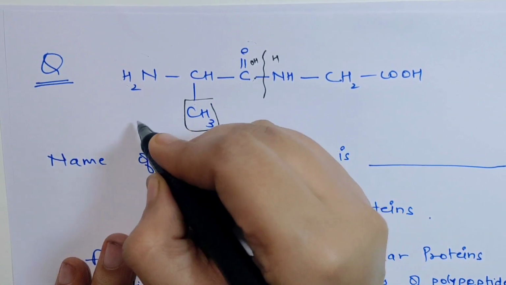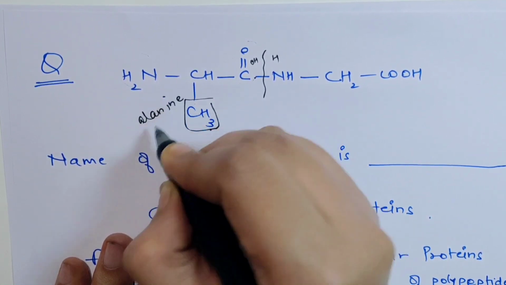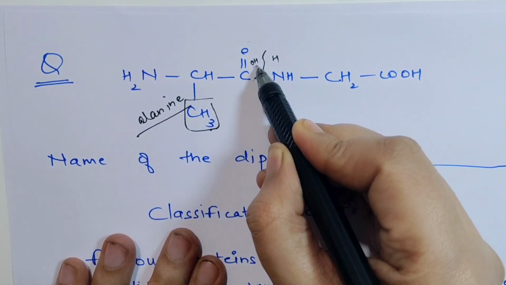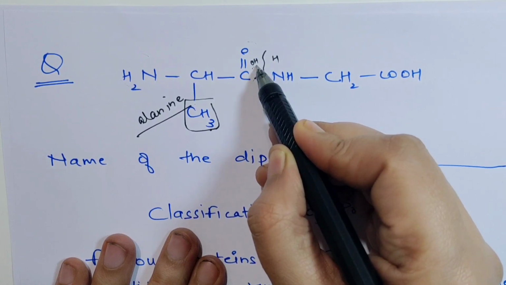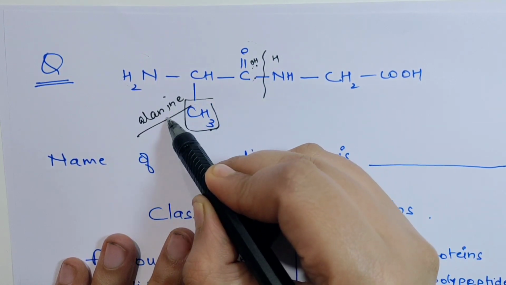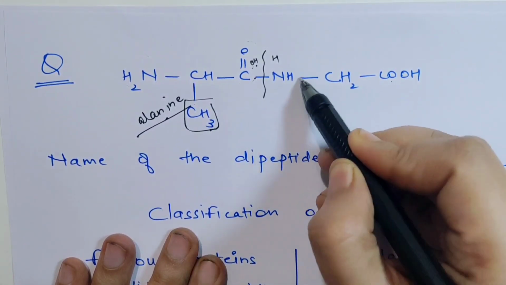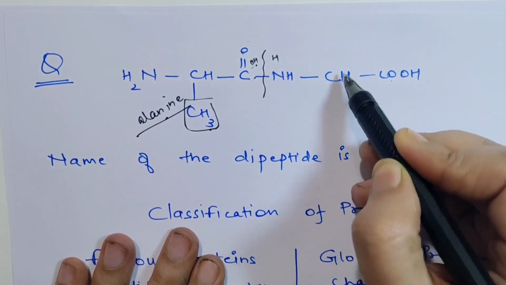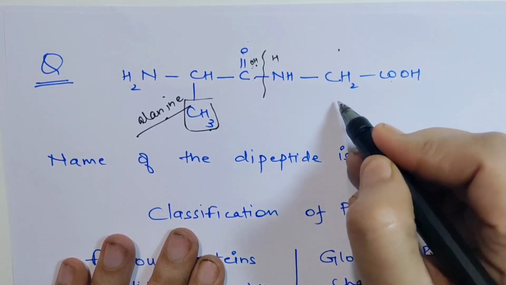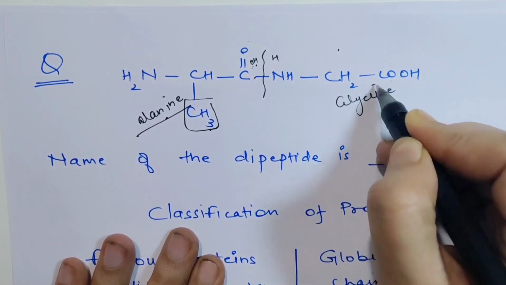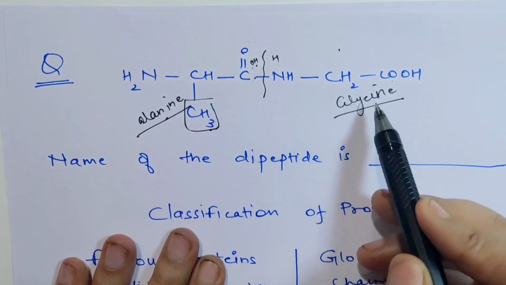So this is your alanine, which is donating OH. So it's donating 2 atoms, so it would be named first. Then this. Now which one is this? This has amine, acid, one H, and the other one is also H. So that means it's glycine.